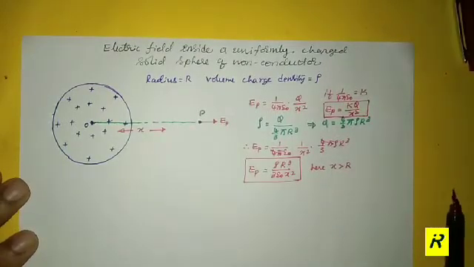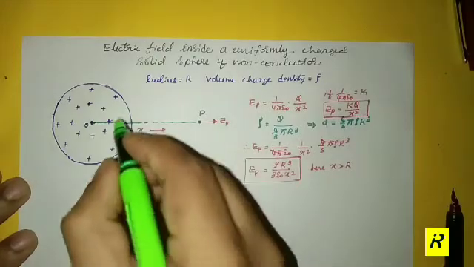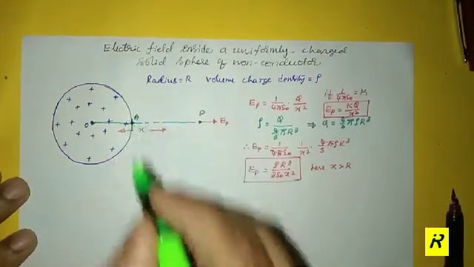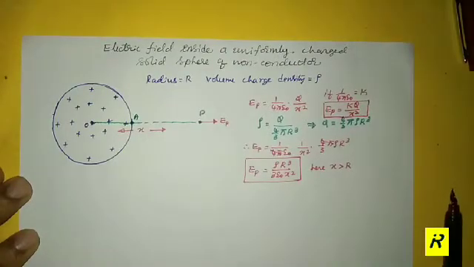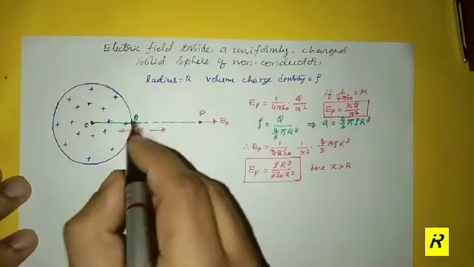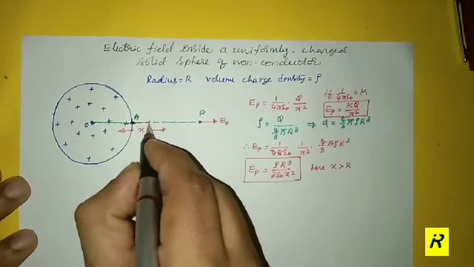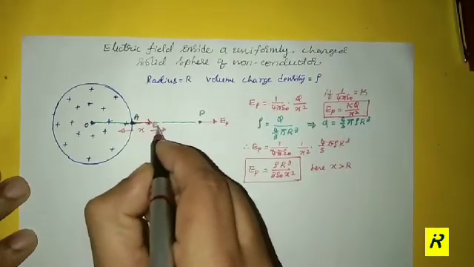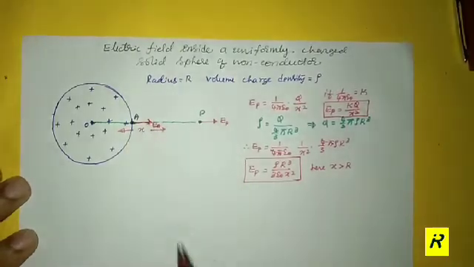Now I have to consider a point lying at the surface. Call it point A. At point A, the electric field is this one, EA, acting outside.